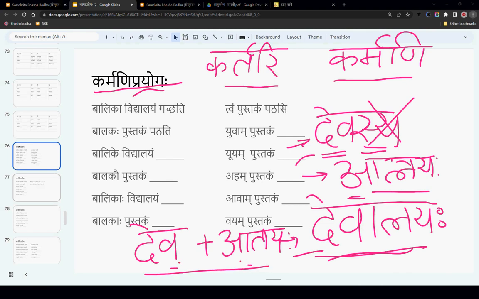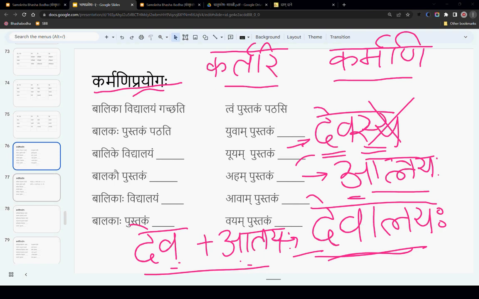Now you cannot use this as two different words, deva alaya, aham deva alayam gacchami. No, because it is samastapada, sandhi must happen if you are forming a samastapada. So devasya alaya changed to compound word becomes devalaya. So this is the general pattern or the rule or the usage when samastapadas are used in the language.